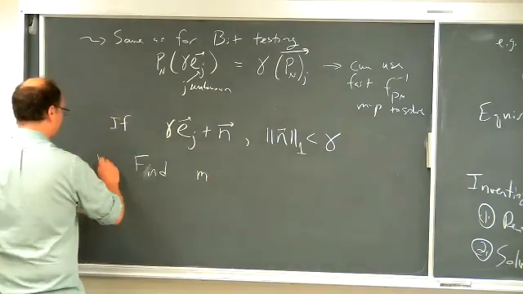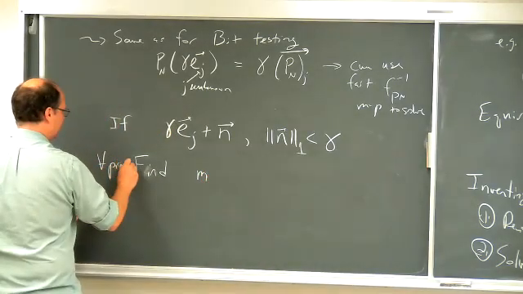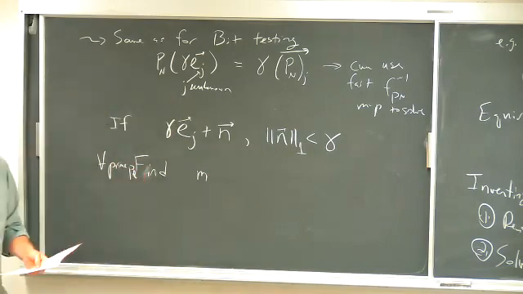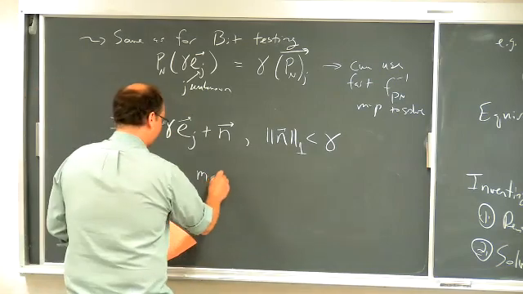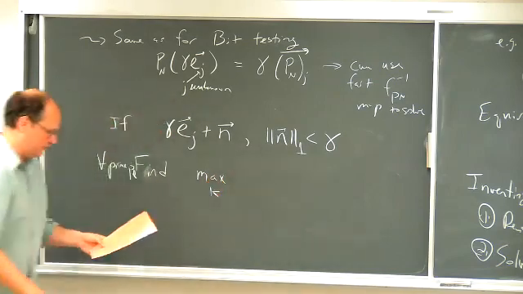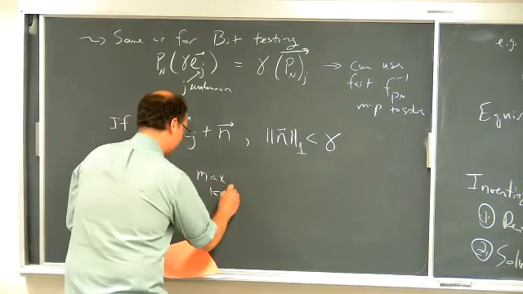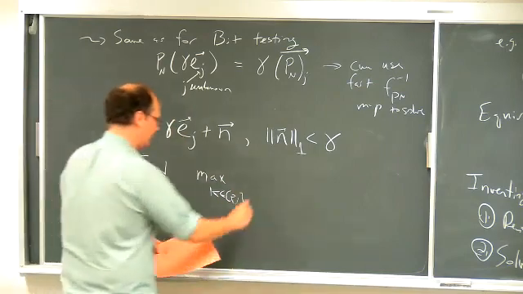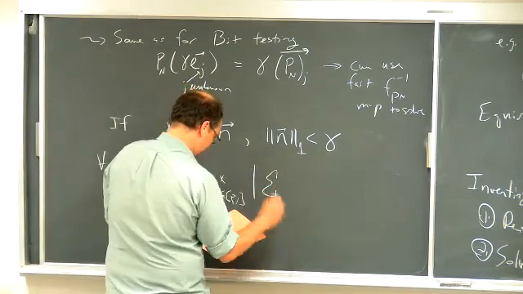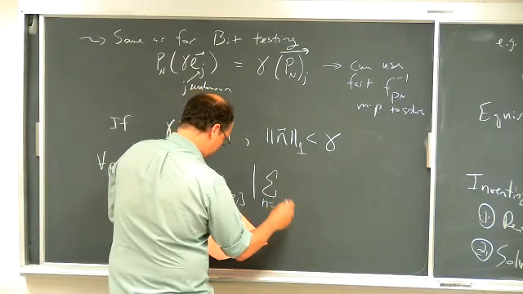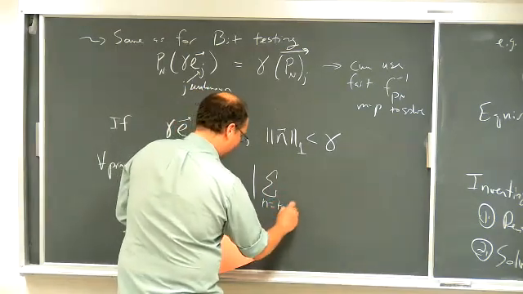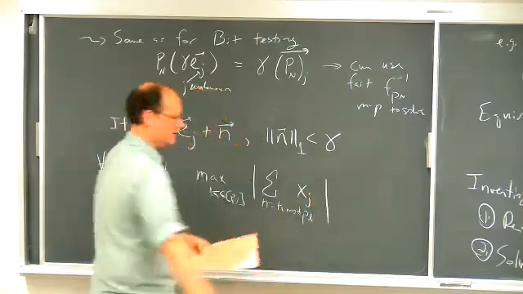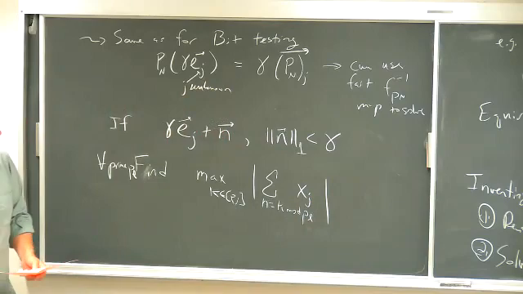So for each prime, P, or P sub L, whichever prime you happen to be caring about at the moment, you're just going to find the maximum possible residue of the sum of all the elements in x whose indices are congruent to k mod P_L.